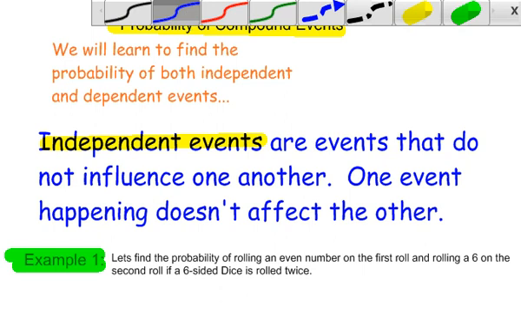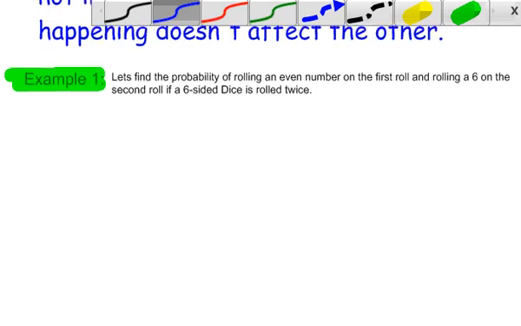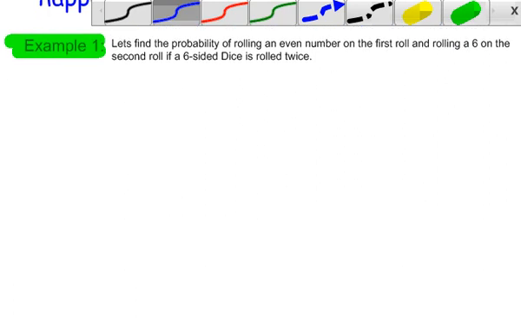Example 1. Let's find the probability of rolling an even number on the first roll and rolling a 6 on the second roll if a 6-sided dice is rolled twice. Alright? So here goes.